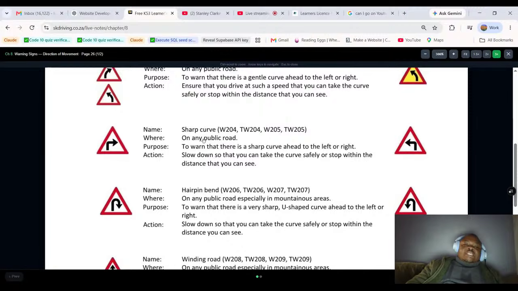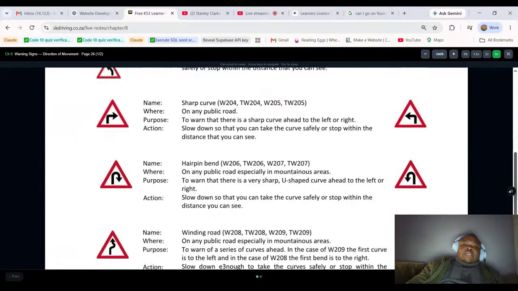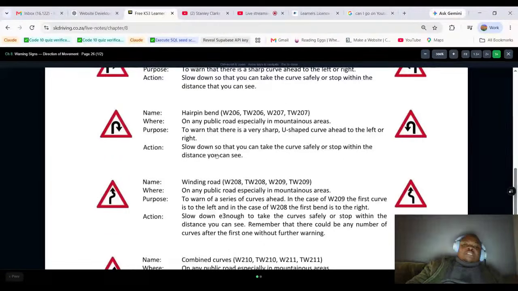And then this is a sharp curve to the left, sharp curve to the right, to warn you there is a sharp curve ahead and that you have to slow down and take the curve safely or stop within a safe distance.